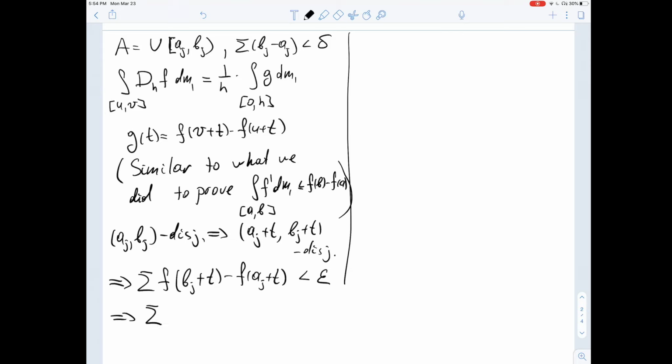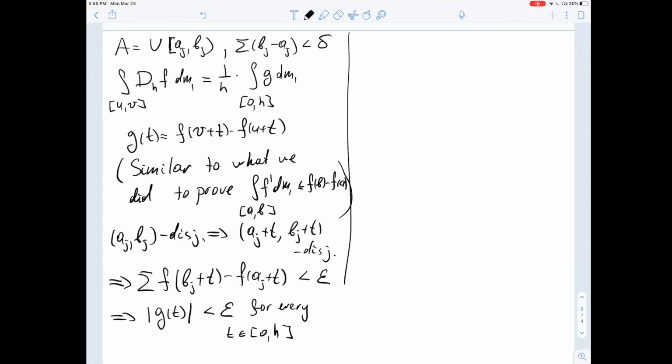Okay, let's see, what do I want to say? I want to say that this implies that g of t is less than epsilon for every t in 0h.